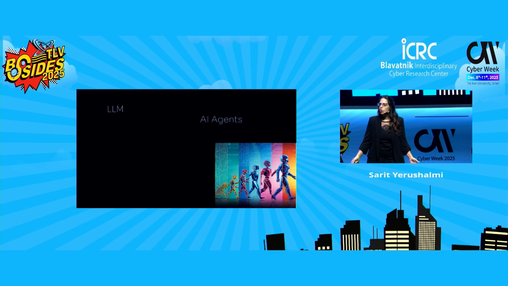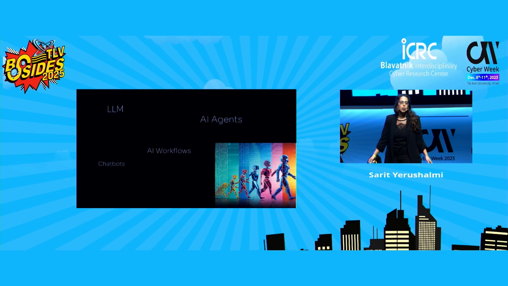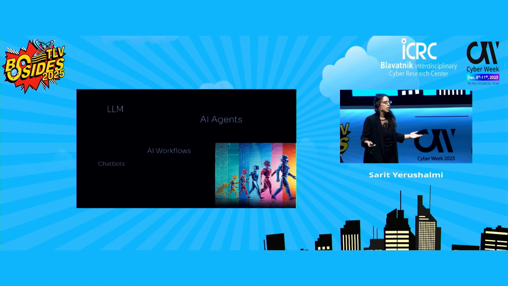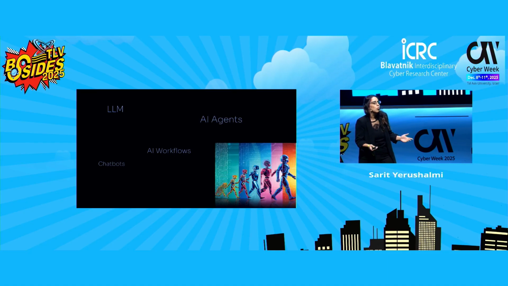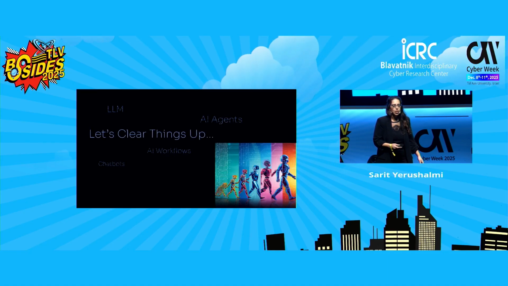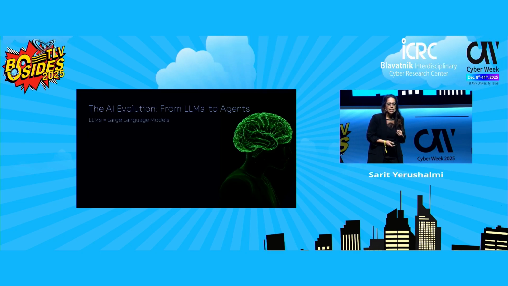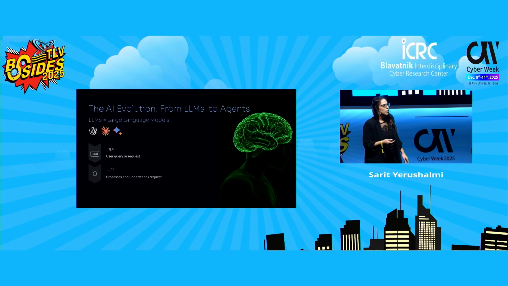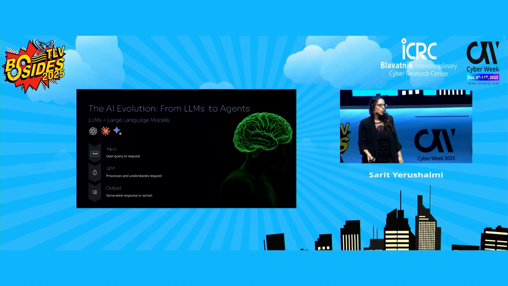So I'm sure that all of you in the audience heard the terms LLM, chatbots, AI workflow, AI agents, and they pop up in every talk, every post that we see on LinkedIn, and sometimes it feels like even a bit too much. So today I want to clear things up a bit so you will all be with me and not get lost. And let's start with LLMs, like large language models. These are the brains behind chatbots. We're all familiar with ChatGPT, Claude, Google Gemini.